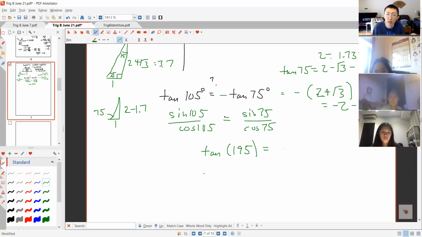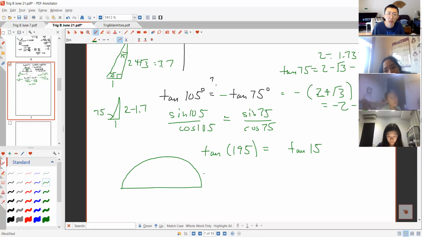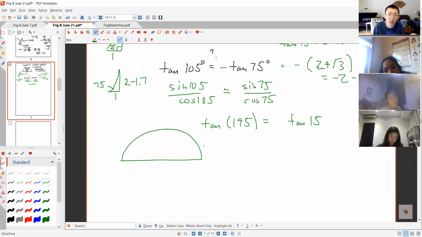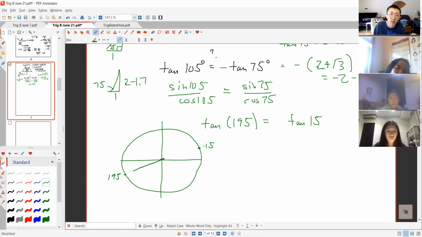So how is this related to tangent 15? Are they equal, or are they negatives of each other? I think they're equal. Let's see, 15 is there. This is 180 plus 15, so 195 is there. So they're diametrically opposite. Yeah, so why are they equal?